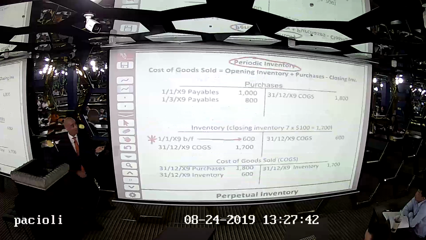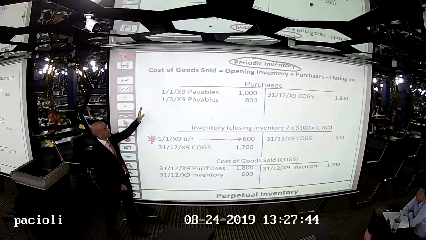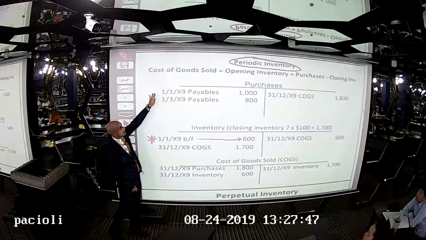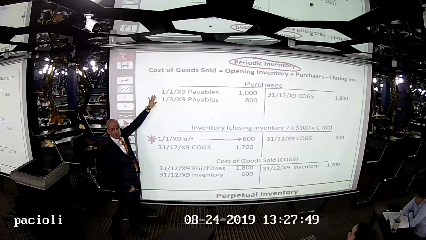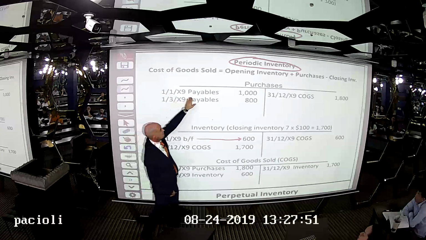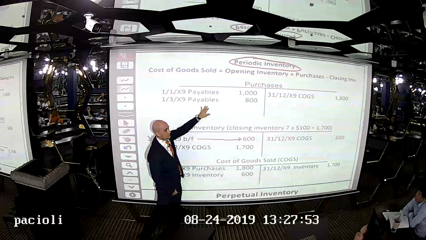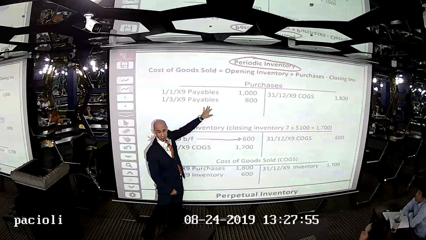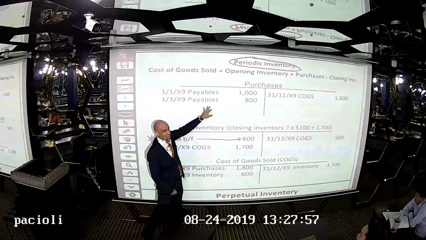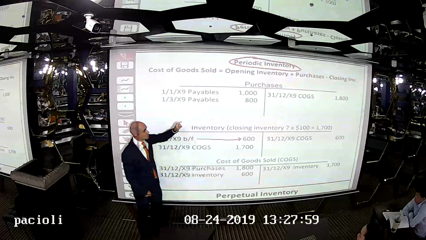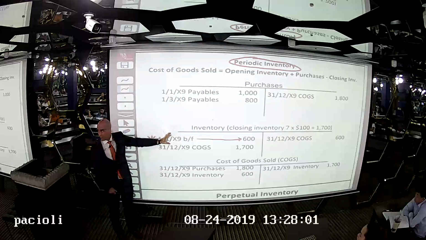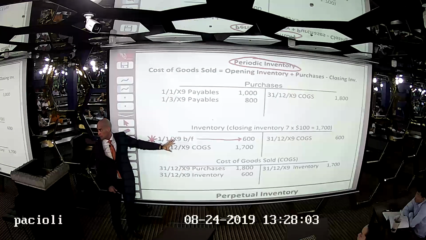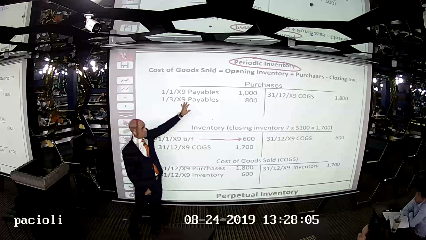And when we buy, in the periodic method, when we buy the inventory, we debit purchases and credit payables. Unless you pay cash. If you pay cash, credit cash. So we debit purchases. So you see here, we don't debit inventory. We debit purchases.